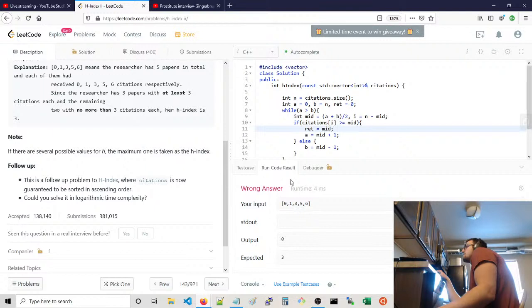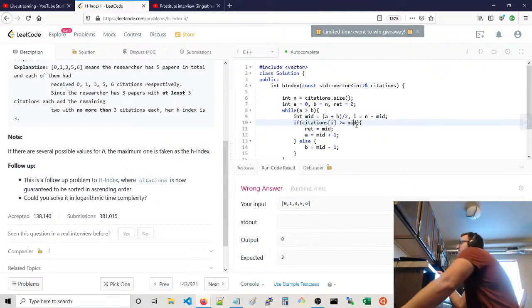Now, this isn't really correct, right? Because n minus mid, we said the mid is 2, n minus 2 is 3. I is actually 3, so it goes 0, 1, 2, 3. I'm very confused.